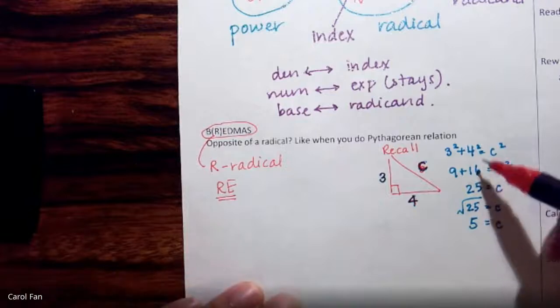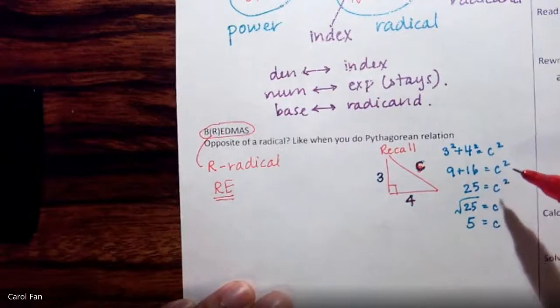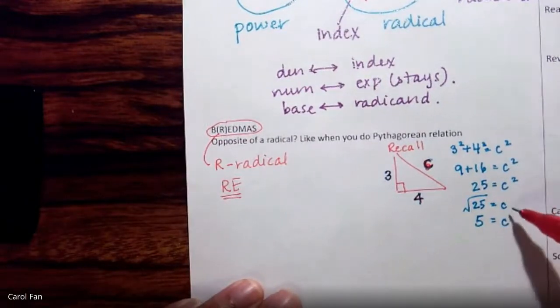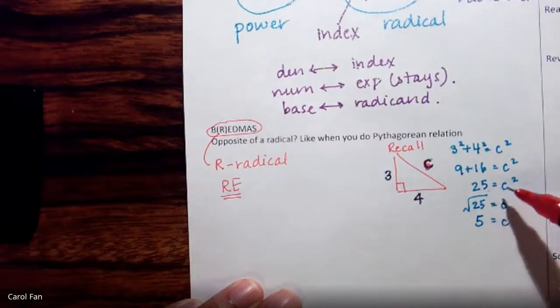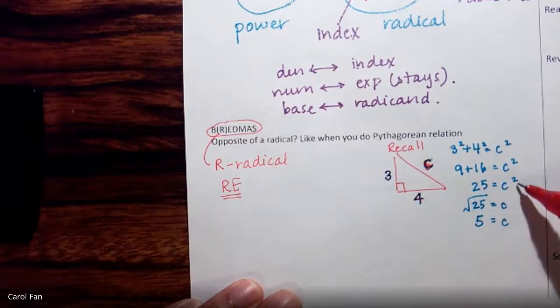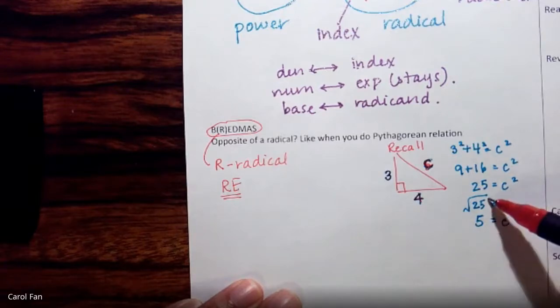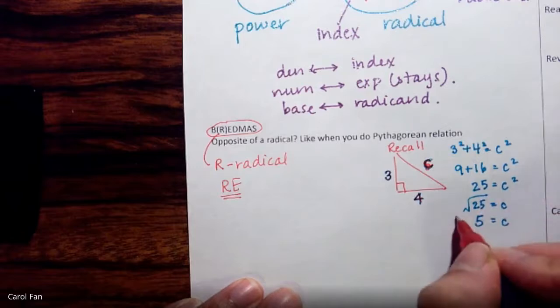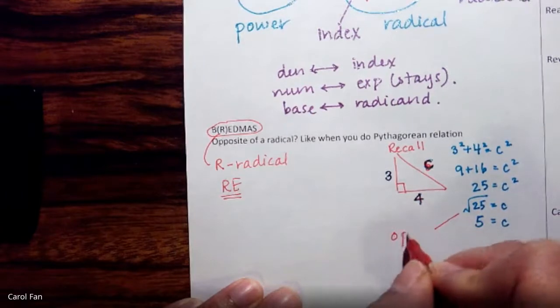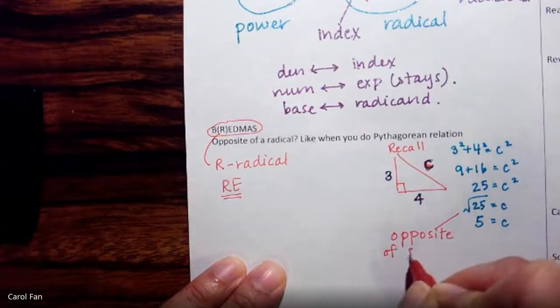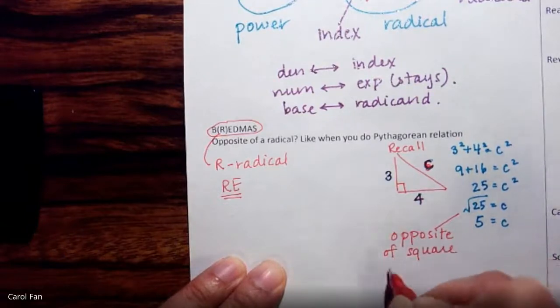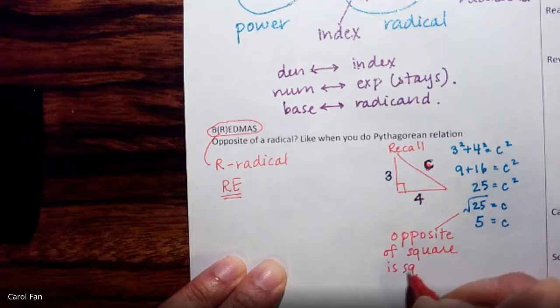For example, you'll probably remember in the Pythagorean relation, when you get to c squared is equal to a number, or in this case, c squared is equal to 25, the opposite of the square is the square root. So opposite of square is the square root.